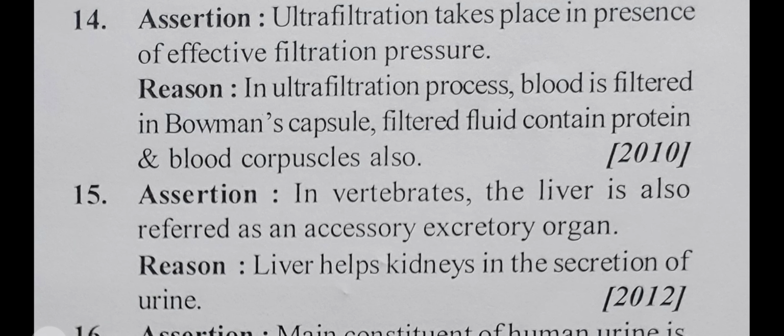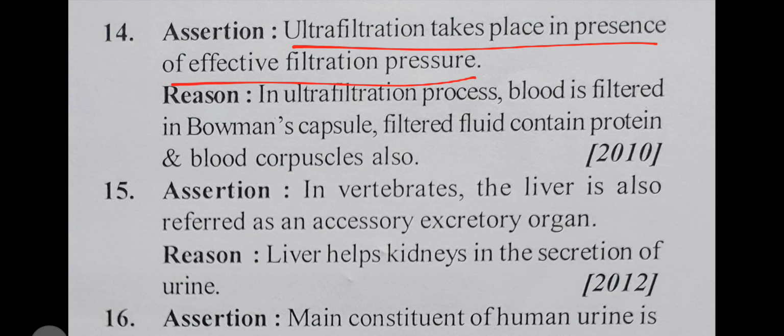So coming to the 14th question, the assertion given is: ultrafiltration takes place in presence of effective filtration pressure. Ultrafiltration actually takes place in renal corpuscles of a urinary tube or uriniferous tubules.